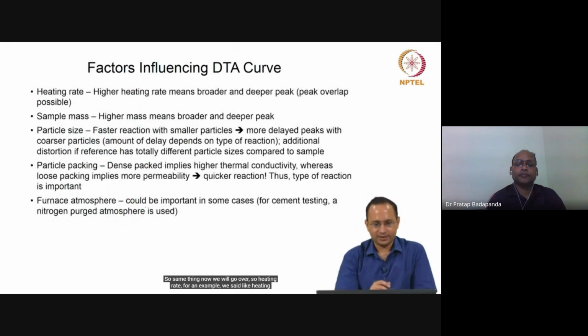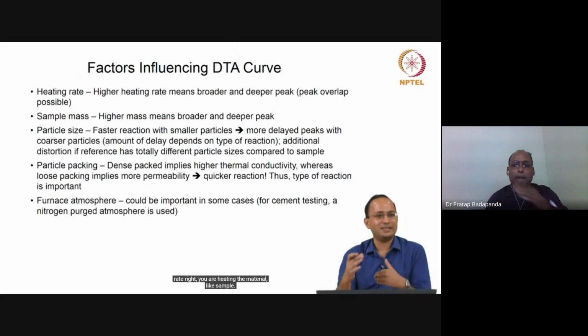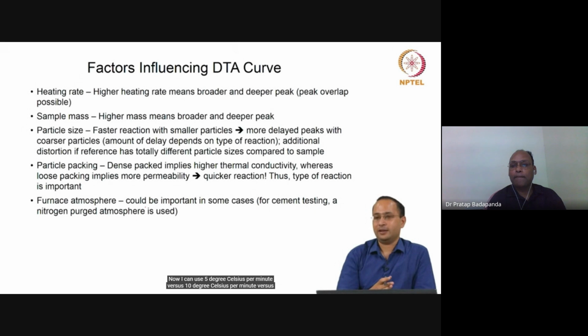So same thing, now we will go over. Heating rate, for an example. You are heating the sample. Now I can use 5 degrees Celsius per minute versus 10 degrees Celsius per minute versus 15 degrees Celsius per minute. I am heating the sample, but is it going to change? That's what we are focusing on.